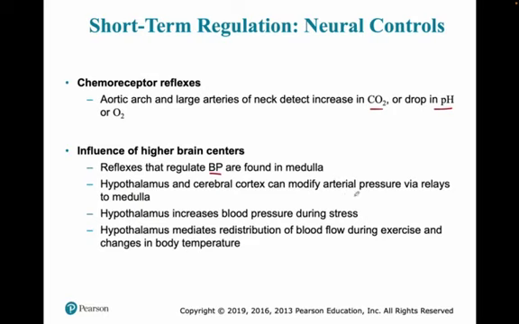Hypothalamus and cerebral cortex can also modify arterial pressure with the help of the medulla. Hypothalamus increases blood pressure when we are stressed. Hypothalamus mediates redistribution of blood when you're exercising or running, and that also changes our body temperature. So these are a couple of factors that can, for a short time, impact our blood flow and blood pressure.